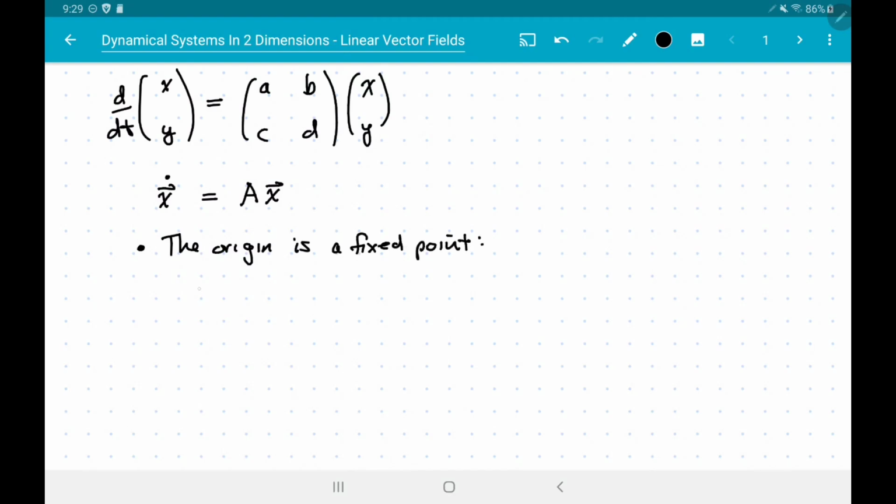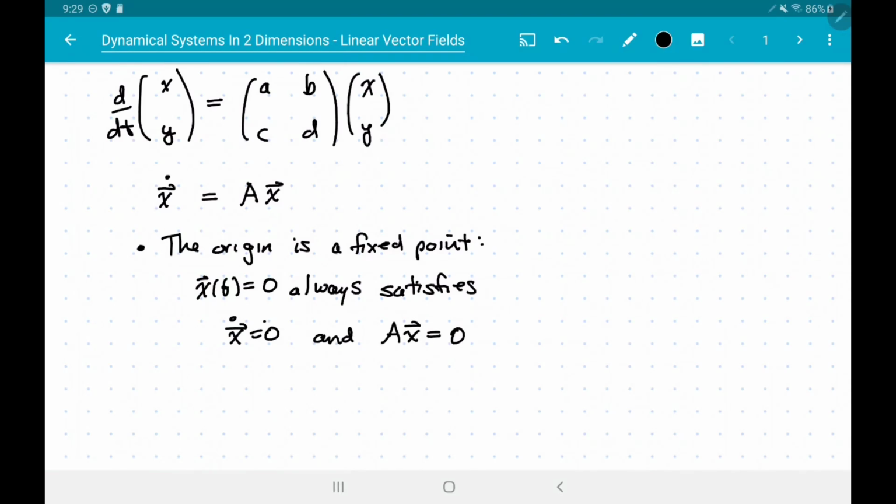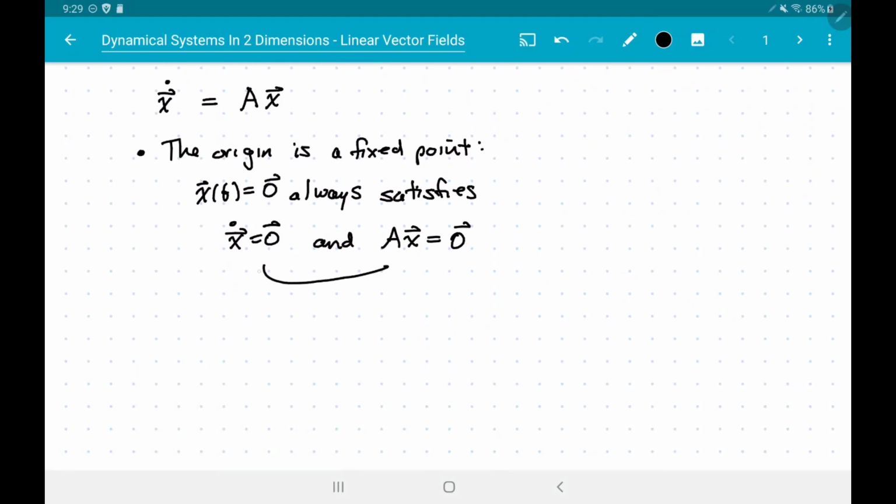That's because if you simply define a solution that x of t equals 0 always, that satisfies the equation: its time derivative is 0, and A times x will always be 0, and these, by the way, are 0 vectors. So the 0 vector is a constant solution.